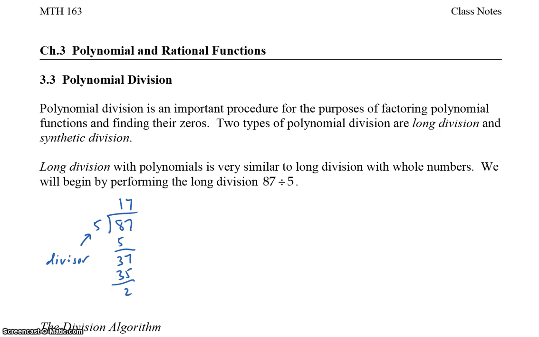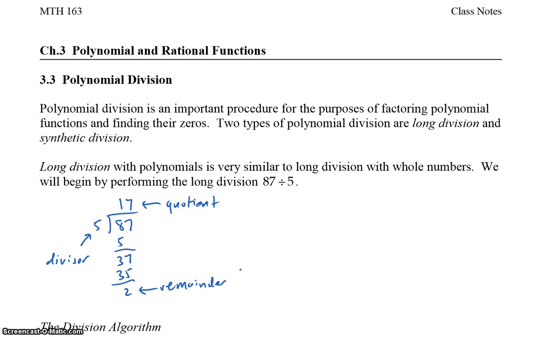The number on the top, which is the main result of the division, telling us how many times 5 divides into 87, 17 times, that's called the quotient. And then the 2 at the bottom, which is a little bit of leftover after doing the division, that is the remainder.